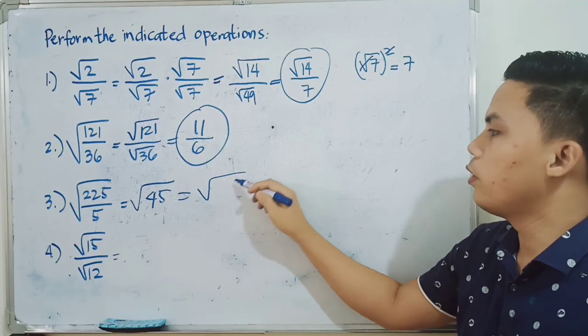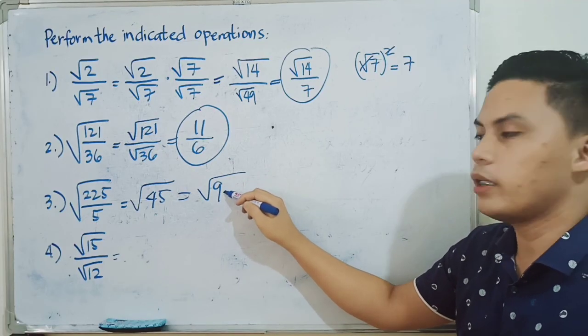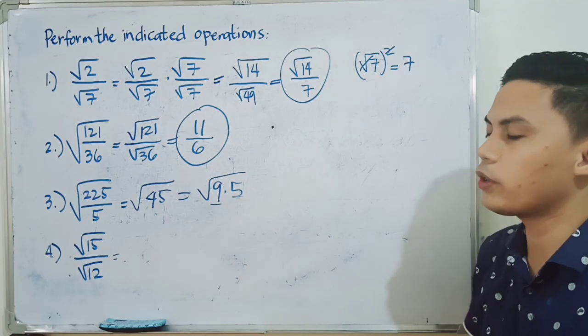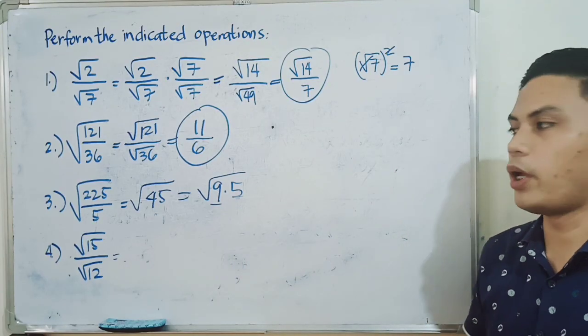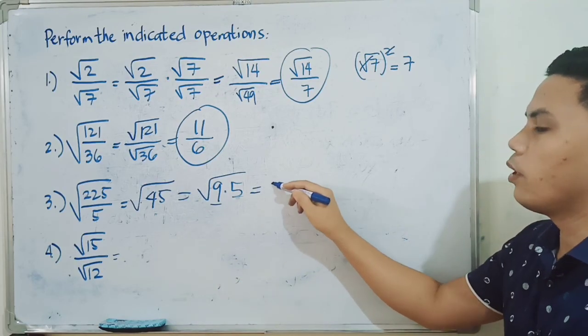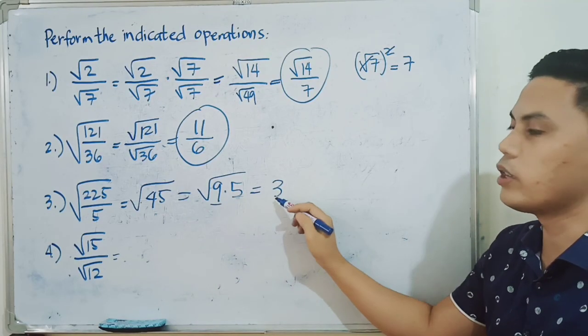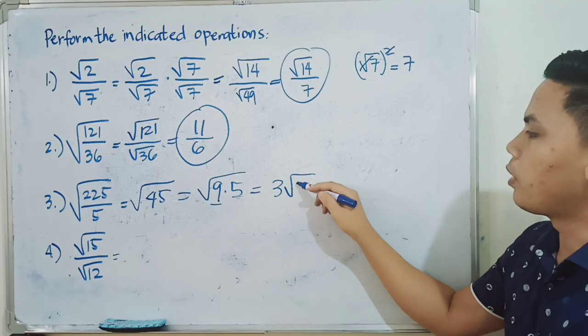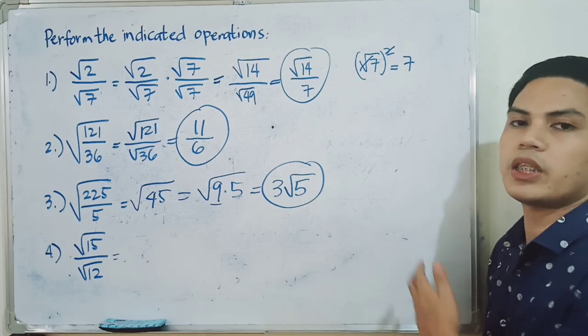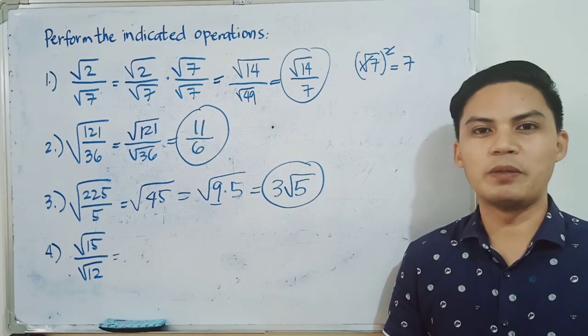So, we have the square root of 9 times 5, in which yung first factor niya is a perfect square. So, i-extract lang natin si 9, it will become 3. Okay, the square root of 9 is 3. Then, magre-remain si 5 sa loob ng radical sign. So, the final answer is 3 square root of 5.